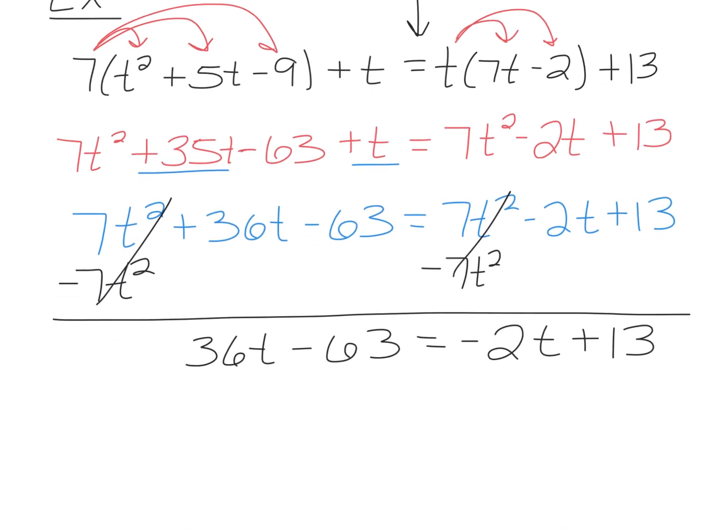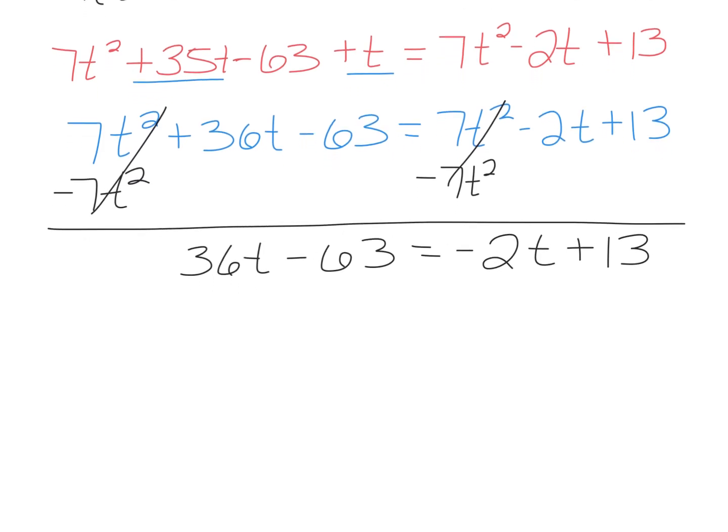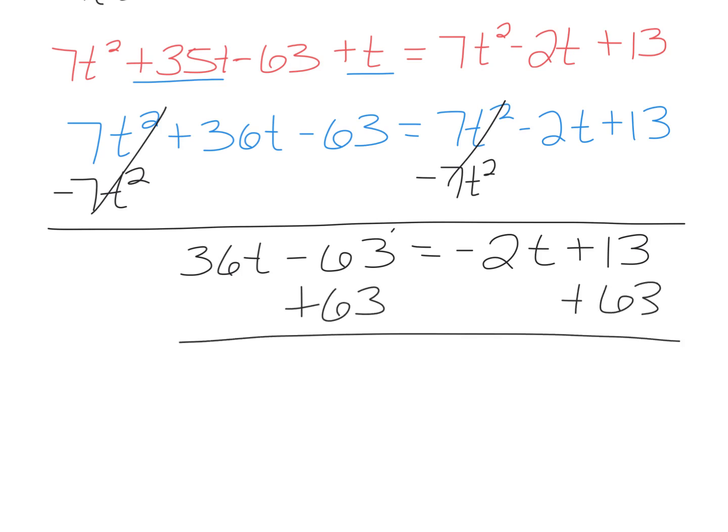Now it looks like algebra you've been doing for a long time. What do we do next? Add what? Add 63? Could you do this multiple ways? Yep. So we have 36t equals negative 2t. What's 13 plus 63? Yep.